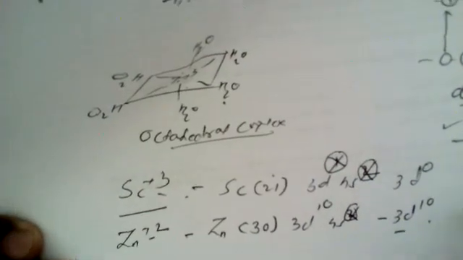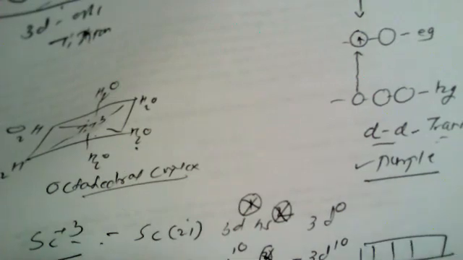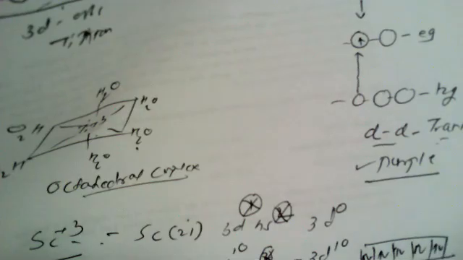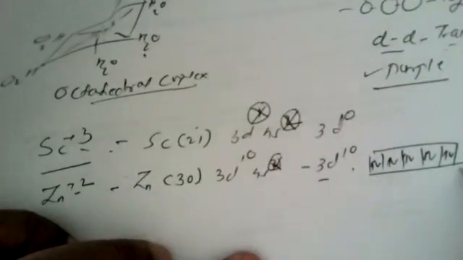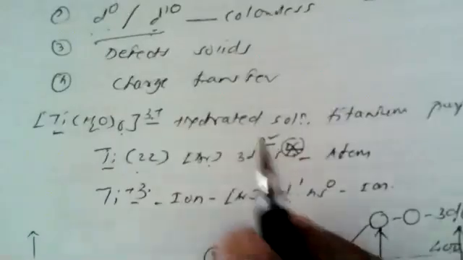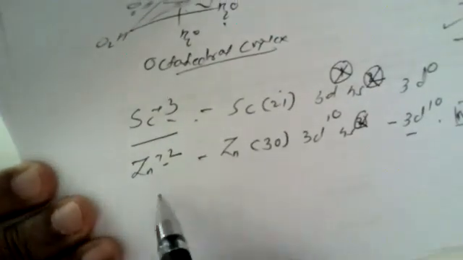So d10 configuration is colorless. So Zn plus 2 is colorless.